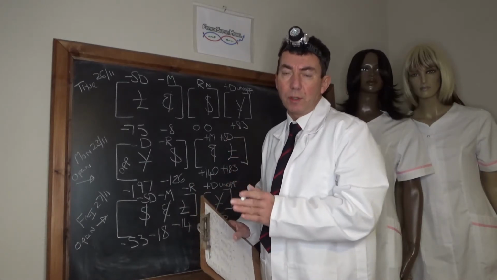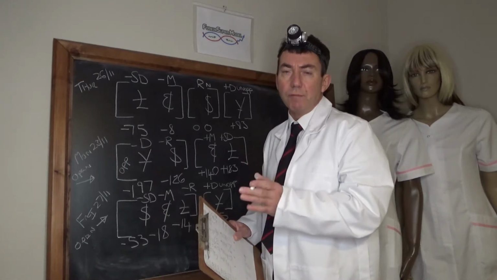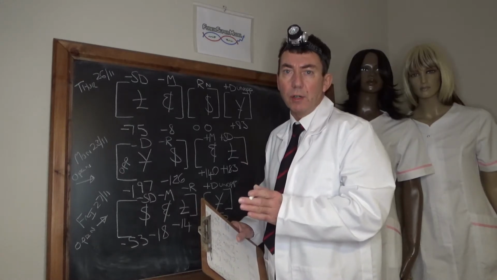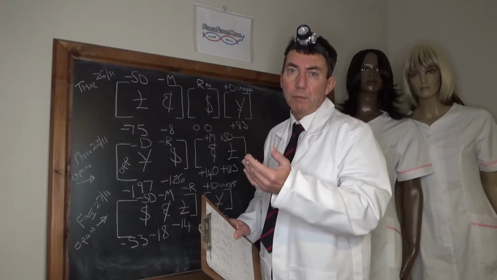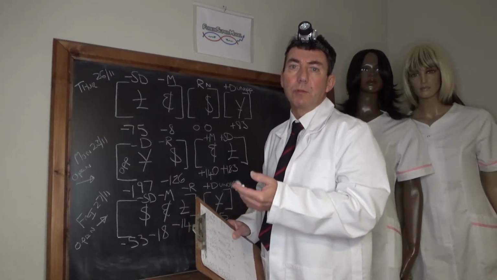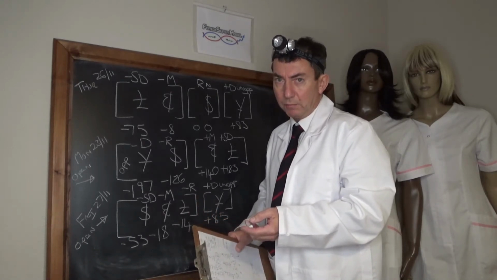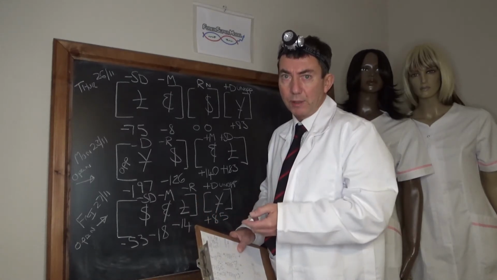Some of these flows are purely driven by that scenario, and we're coming near the end of the month, so you're going to get so-called month-end flows, which are people balancing up their books for the end of the month.